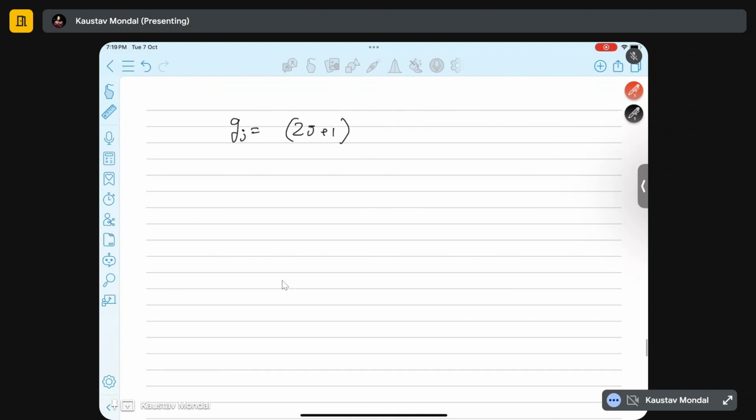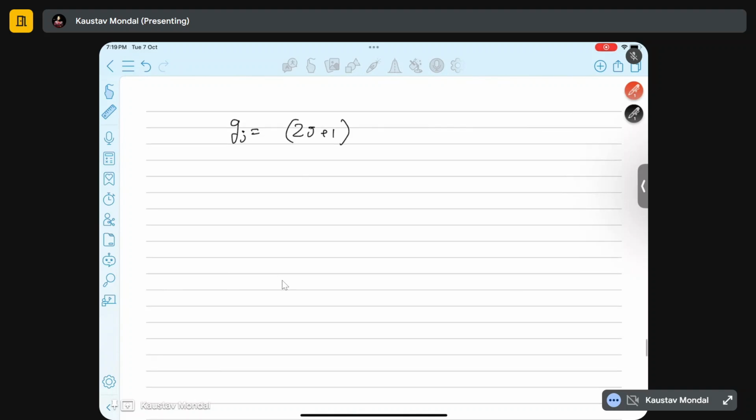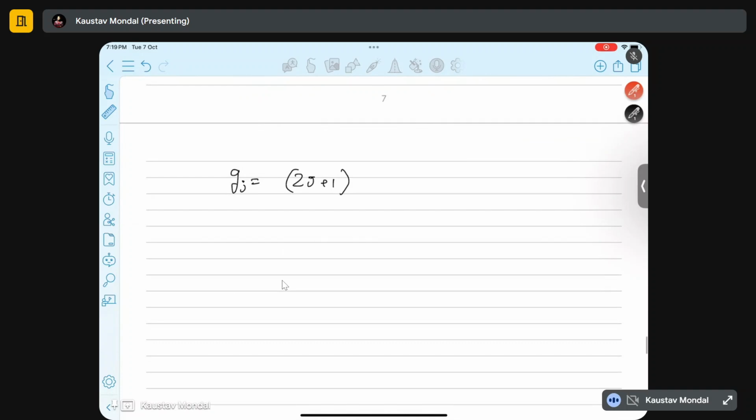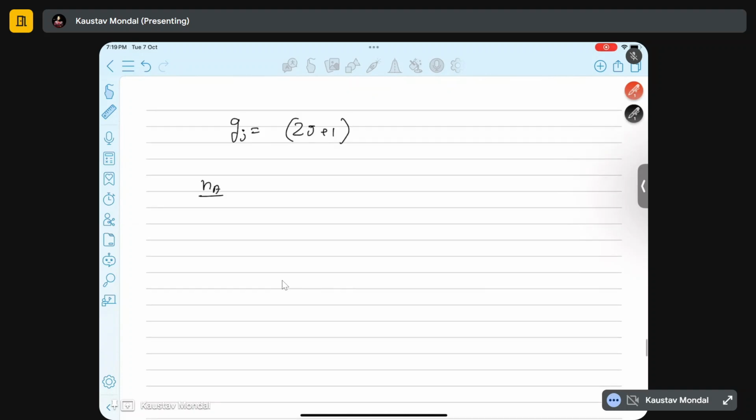So now Na by Nb equal to Gja by Gjb into exponential Ea minus Eb by Kt.